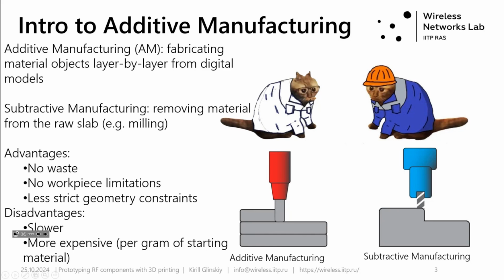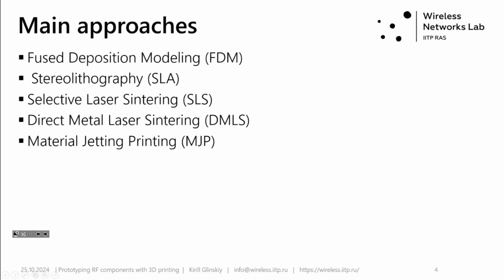Additive manufacturing is, of course, a very broad term for multiple types of 3D printing with various technologies contained in it. Let us now work over them in greater detail.